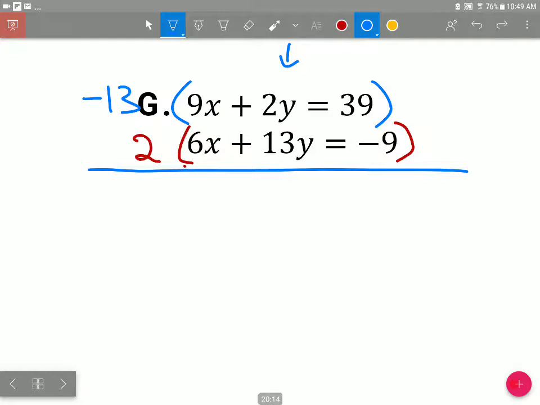Or negative 116, I should say? No. Negative 117. Huh? Negative 117. So negative 13 times 9 is negative 117. Okay, what's negative 13 times 2? Negative 26. Pull out your calculator. Negative 13 times 39. That's the one I really don't want to do in my head.